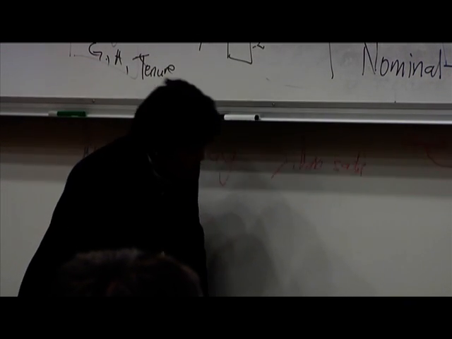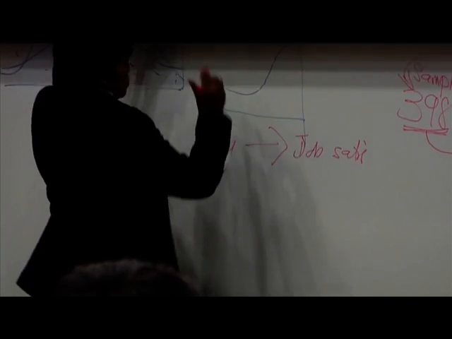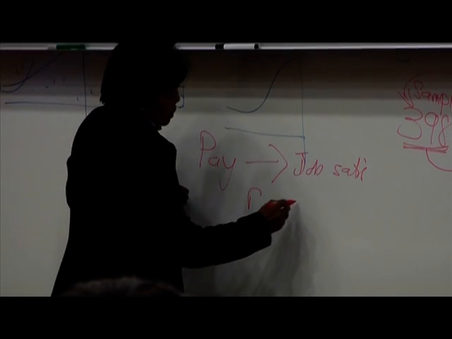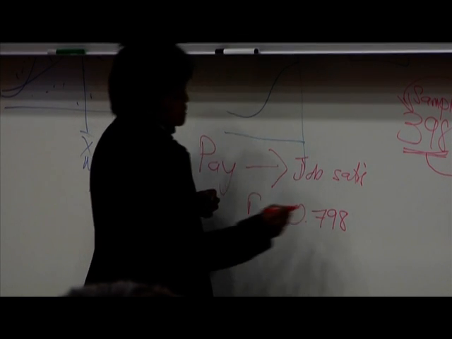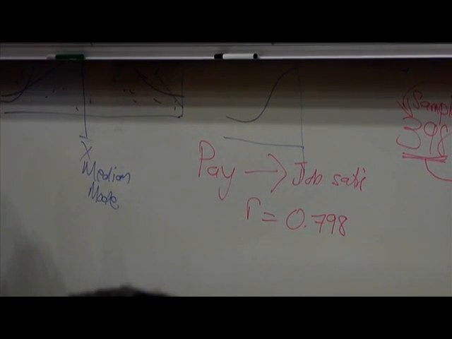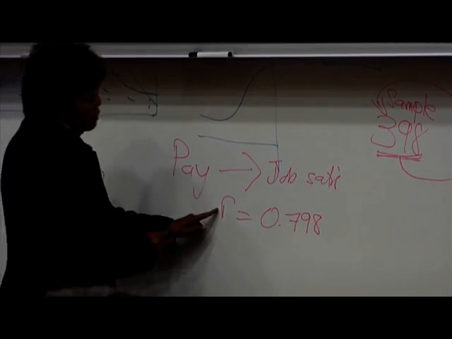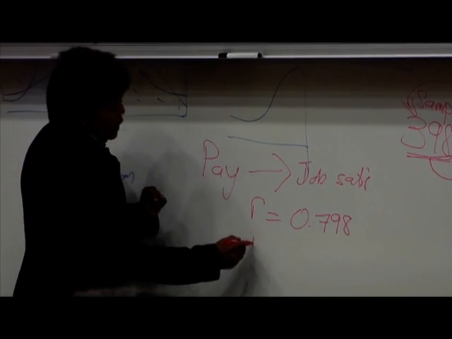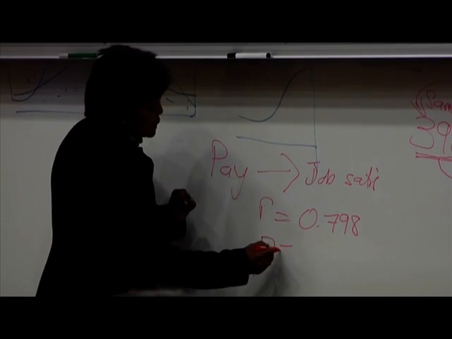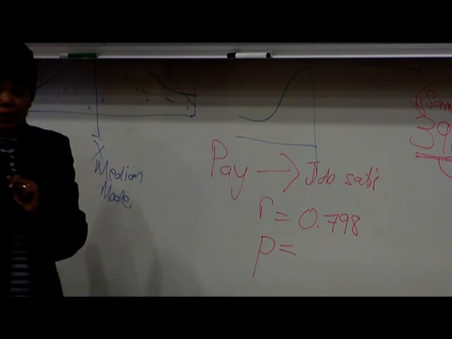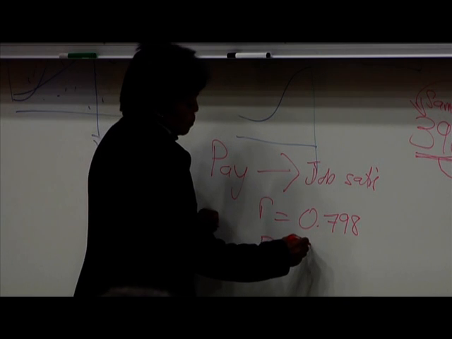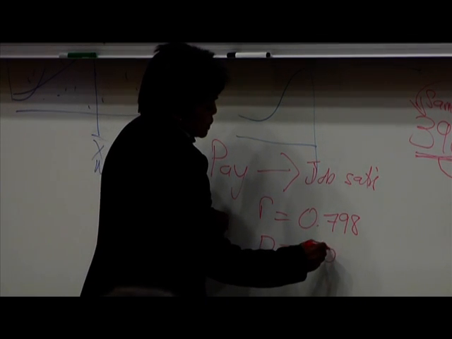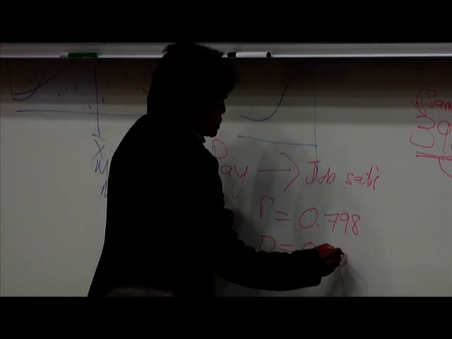And we got a correlation R value equal to 0.798. Every value has to come with a probability of error, the extent to which we can infer from the sample to the population. And let's assume that is 0,0001.